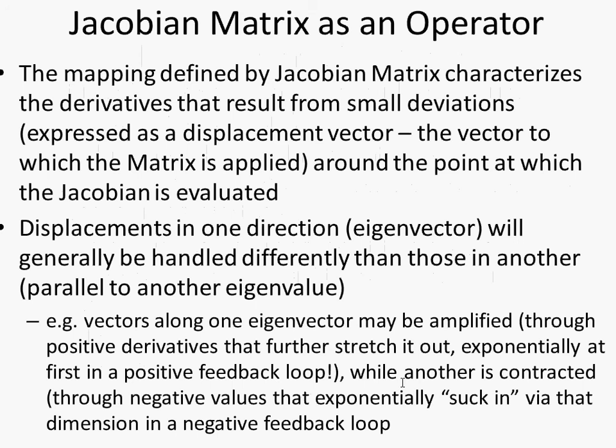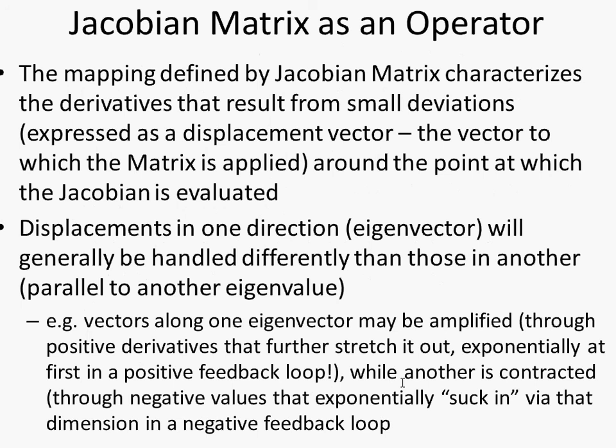It turns out eigenvectors are going to be key to this story. If you have an eigenvector, you can reason about how the Jacobian matrix operates on each eigenvector in isolation. Because it's linear around that point, you can reason about it in isolation. Okay, so some eigenvectors it's going to suck in, some it's going to expand out.